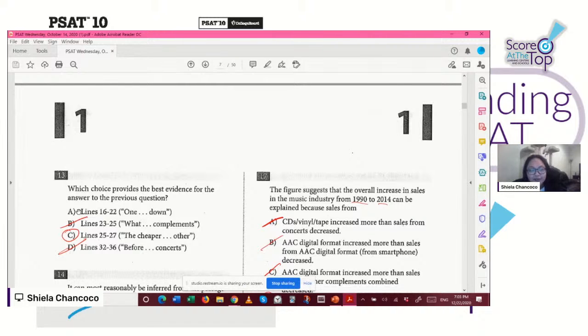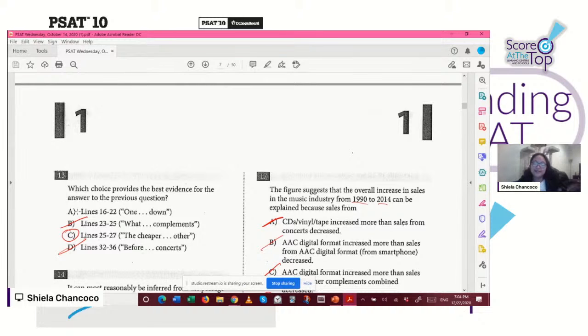The second question was, which of the following provides the best evidence? So your task now is to look at this line by line, going back and forth, back and forth. You see how long it takes? You have to go back and forth, right? And decide if that was related to the previous question. If it's related, you keep it. If it's not related, you just eliminate it. So for me, I eliminated B and D because those were like, what?